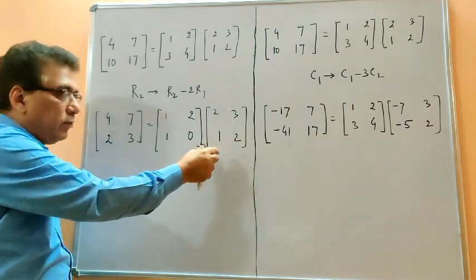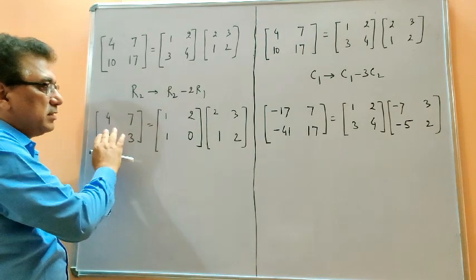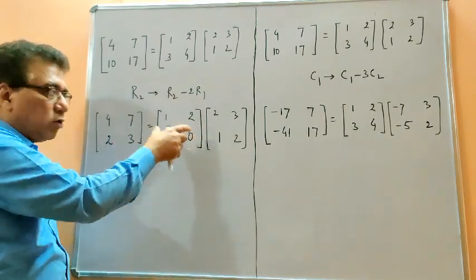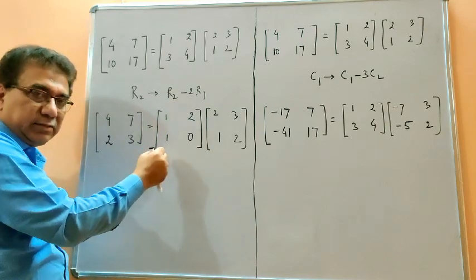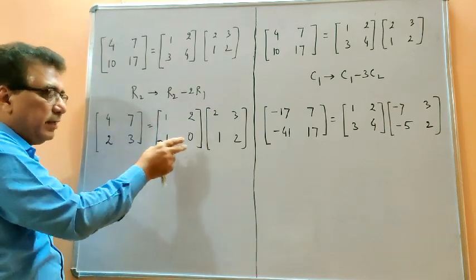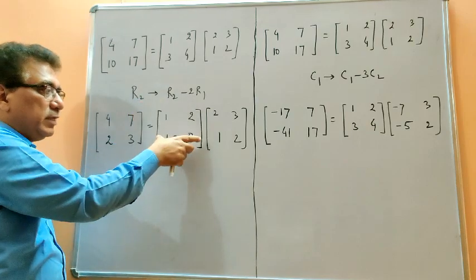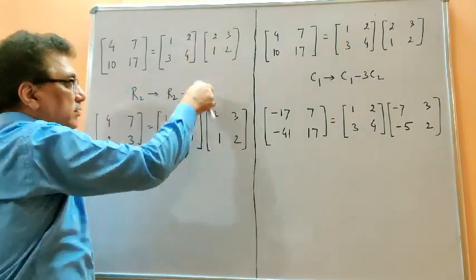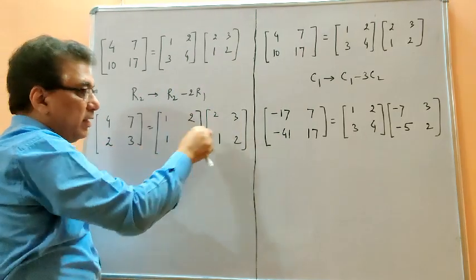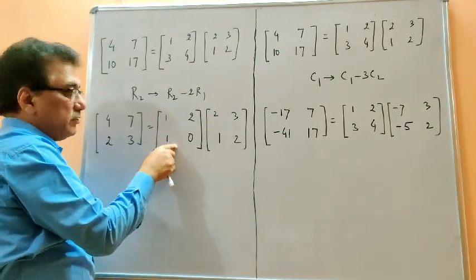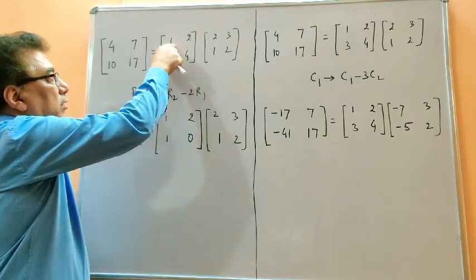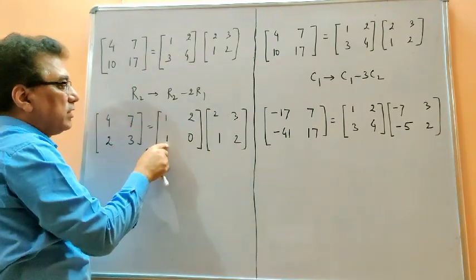Be careful: whenever a matrix is written as a product of two matrices, elementary row transformation is always done on the first, the matrix which is pre-multiplied. So these operations should be done on the first matrix, not the second. That's why the second matrix stays as it is, 2, 1, 3, 2. But here, things have changed. The same operation I have done: twice of 1 is 2, so 3 minus 2 gives you 1.